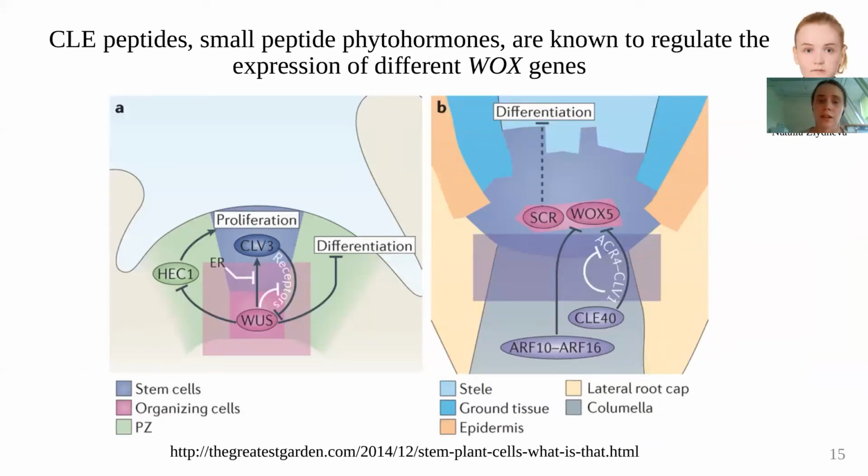VOX genes are known to be regulated by peptide phytohormones, so-called CLE peptides. For example, such regulatory loops are known for shoot apical meristem, where the VOX gene WUSCHEL is regulated by CLAVATA3, and also in root apical meristem, where VOX5 is regulated by CLE40.